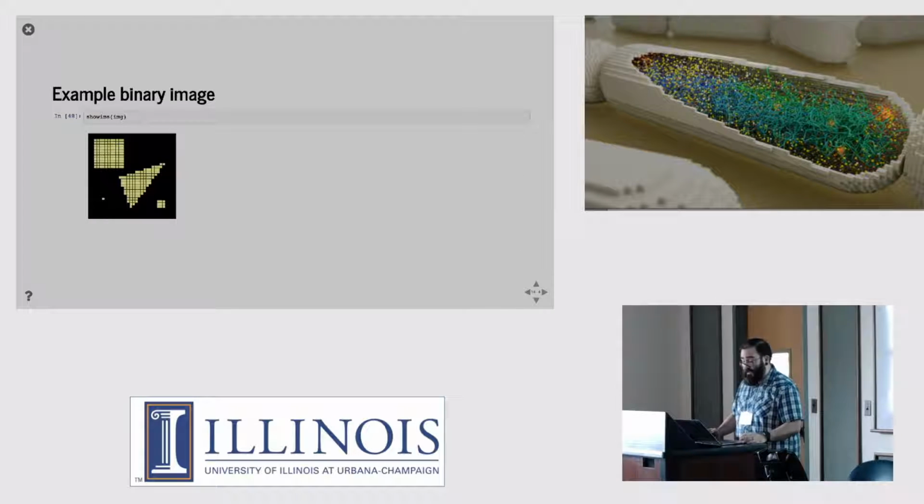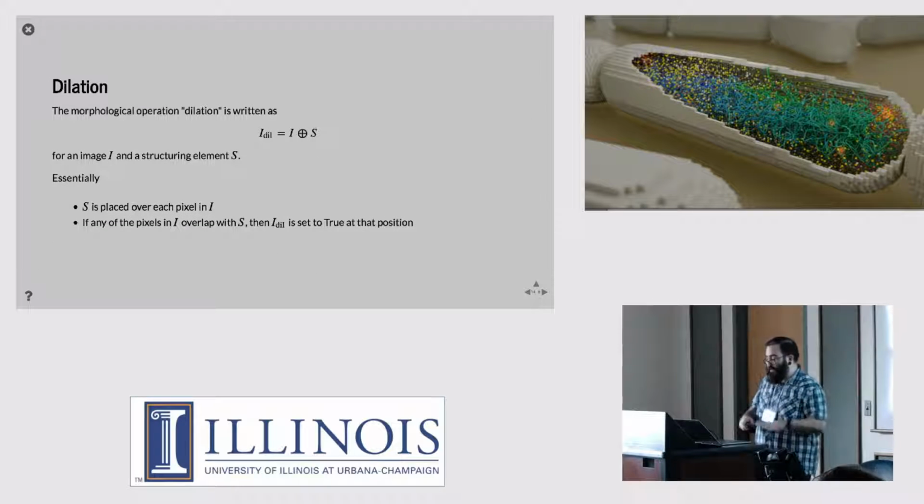So I'm going to start off with an example here. We've got a square, triangle, a single point here. This is a single pixel, and this is a 3x3 box of pixels. So the dilation is defined to be, well, you can write it notationally as this with this circle-plus here with the image and the structuring element.